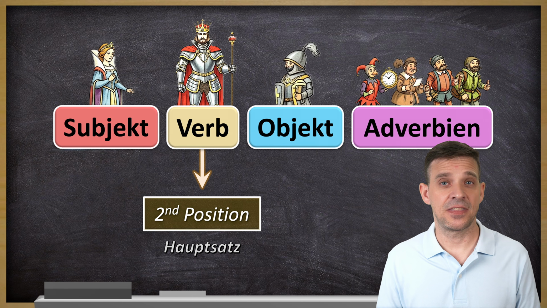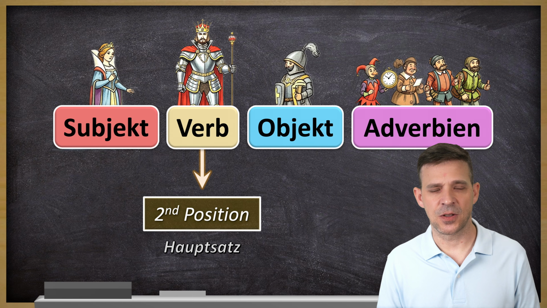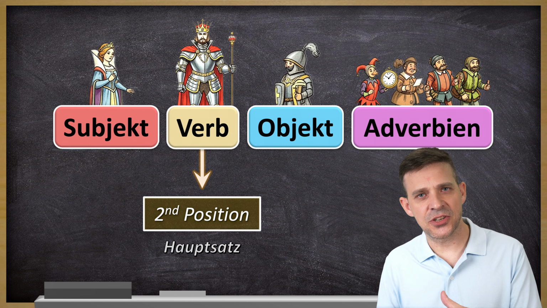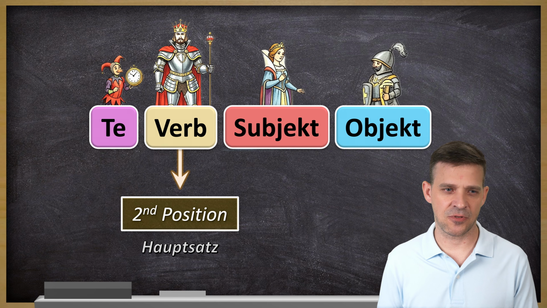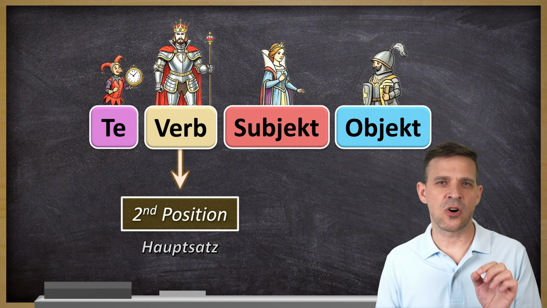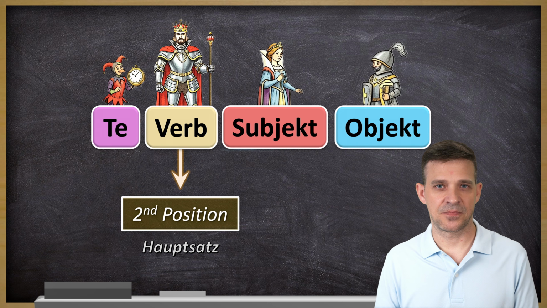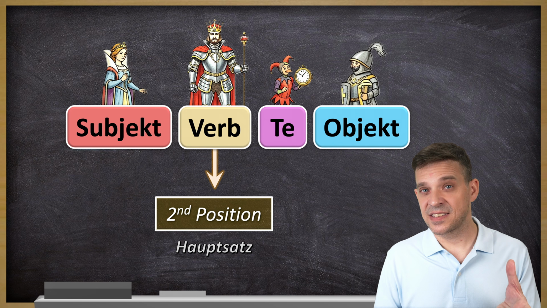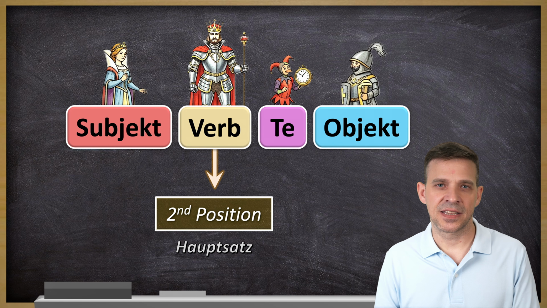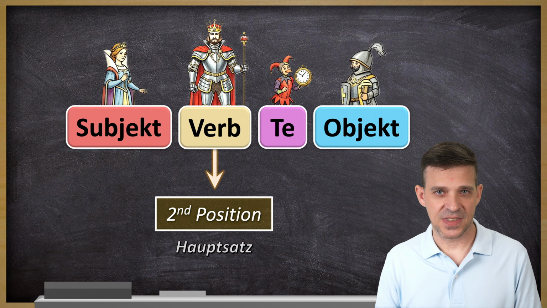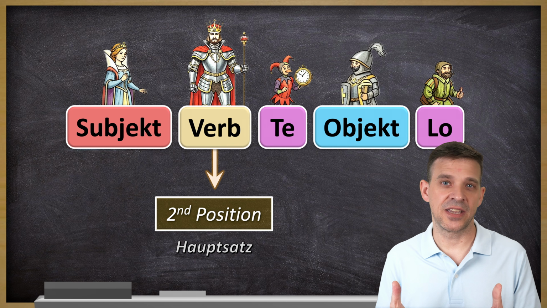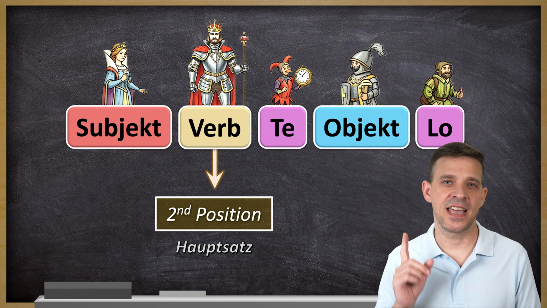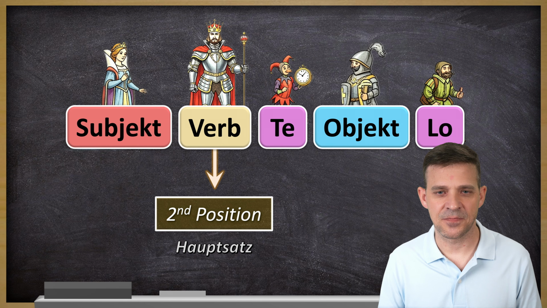And then we have the adverbs, the Adverbien, which are very special because they're also very flexible. But for example, the time adverb, temporal, is often found on the first position or right after the verb and before the object. And lokal, a place information, is often found at the end of the sentence.